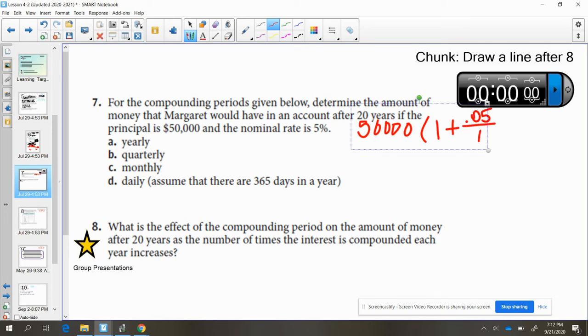If it's annual, n is just 1. So if we're going to calculate for 20 years, we calculate this in, it's going to be right around $132,664.88, right? Now, if we go quarterly, we're changing our n value here to a 4.